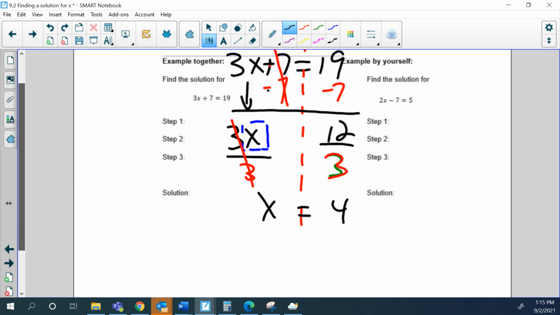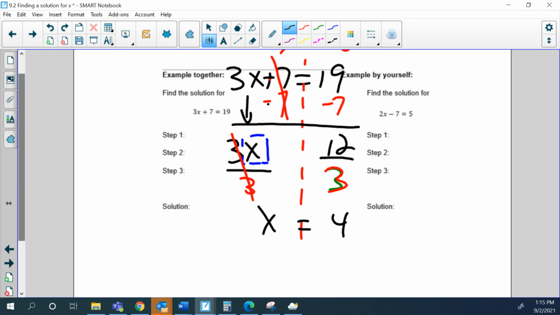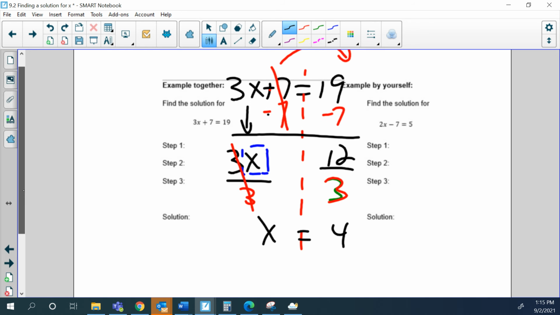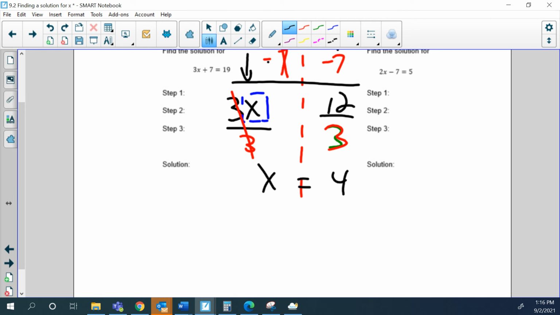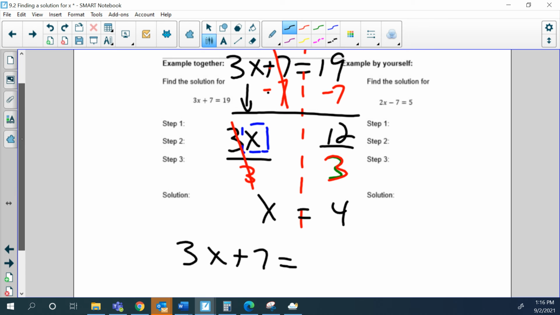Now, how do I know if my answer is correct? Well, we can go back and substitute x equals 4 into the original problem, right? Replace x with 4, and the left side must equal the right side of the equation. Let's show you what I'm talking about. So we have 3x plus 7 is equal to 19.